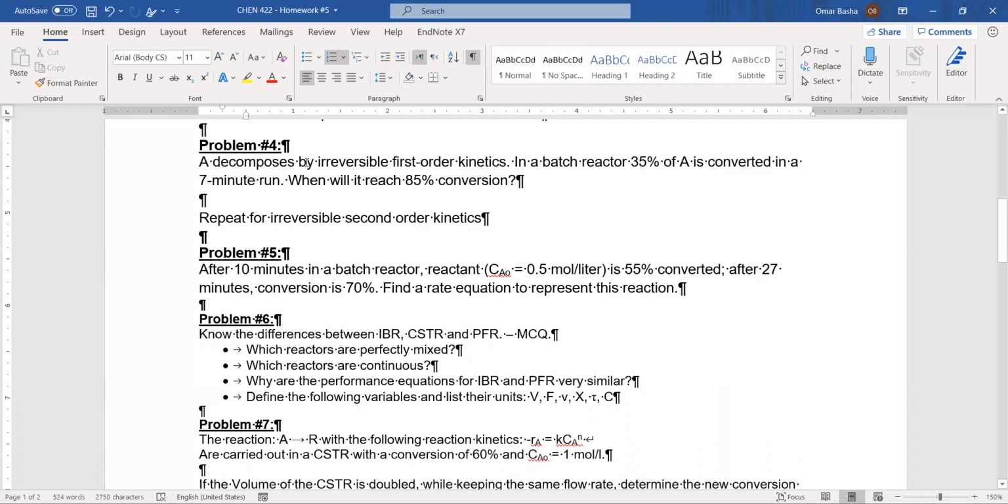So you're told you have an irreversible first-order reaction. Conversion is 35% after 7 minutes, and you need to find the time when the conversion reaches 85%. Then we will repeat the same thing for second-order kinetics. Okay. Let's go to the whiteboard and solve this problem. So number 4, it's a batch reactor, right?